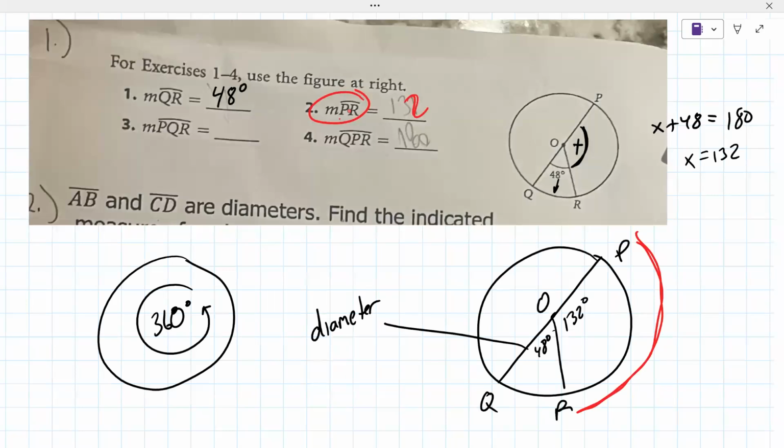And then P, Q, R. That one's a little more awkward. P to Q to R is going that way. A couple of ways to do it. One is to subtract the part that's not there from 360. The other is to add up one half of this and then add it to the 48. Both will work to find this P to Q to R. Okay. Got it.